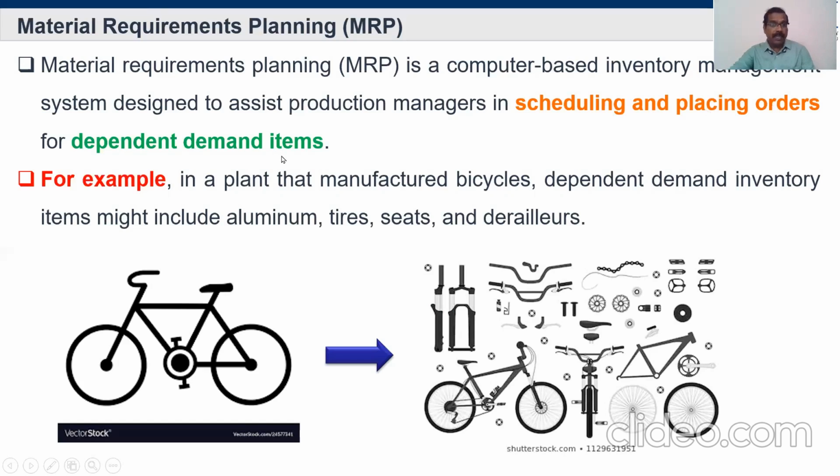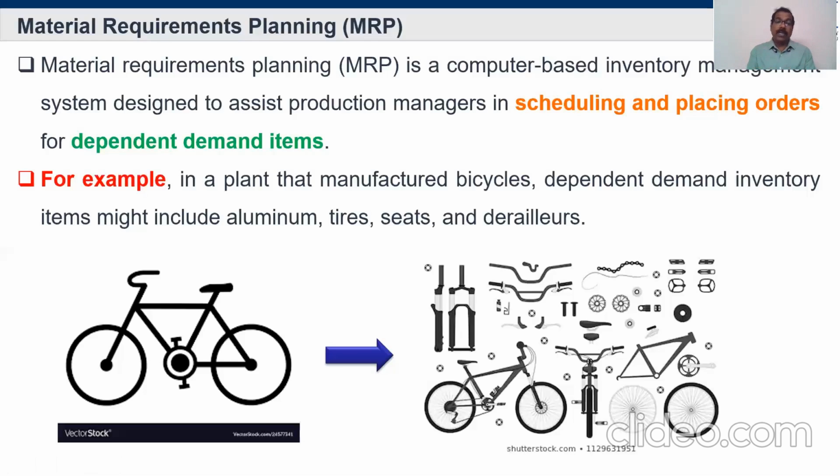So what is meant by dependent demand items? For example, take the bicycle as one product. The company is going to make bicycles. Will they be buying a bicycle as a whole? No, they are going to buy the bicycle parts.